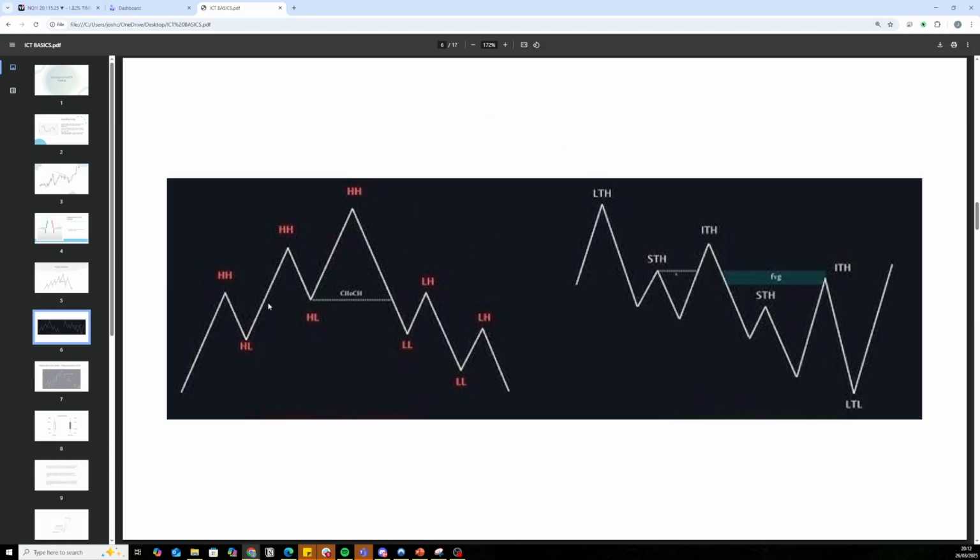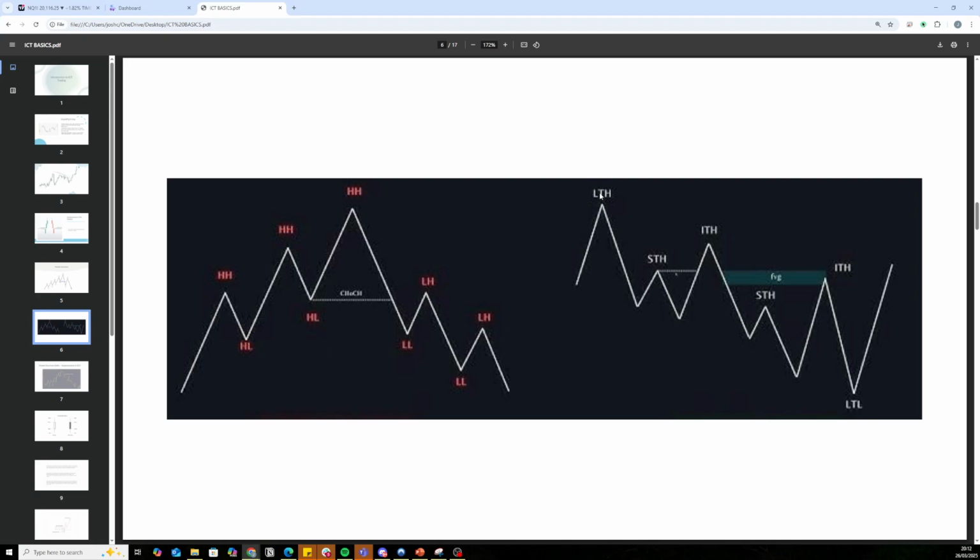So this is how a normal diagram of the market is portrayed, right? But how the market actually looks is something a bit like this on the right. So this is how it's sold to you on the internet. Perfect higher highs, perfect higher lows, perfect higher highs, perfect lower lows. However, it actually looks like the diagram on the right, where it's a bit messier than this, okay?